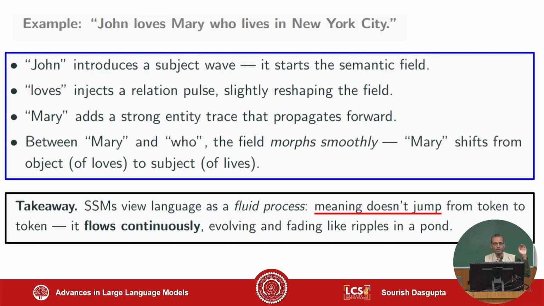So there is no notion of how the wave carries over and hits a new word. That notion is not there in transformers. So every token independently influences each other, like how John independently influences loves, or how loves independently influences lives. That's how a transformer works.